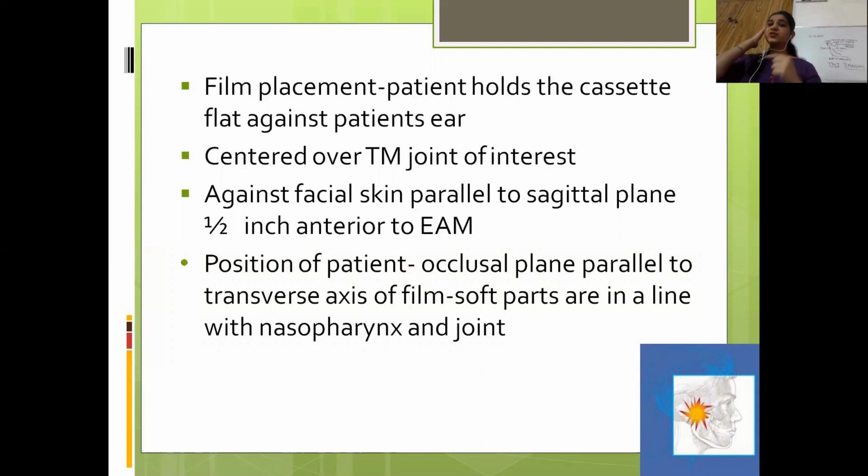The position of the patient should be parallel to the occlusal plane to the transverse axis of the film, and the soft parts should be in line with the nasopharynx and the joint. So this is the nasopharynx area and this is the joint. We will ask the patient to hold the cassette like this.